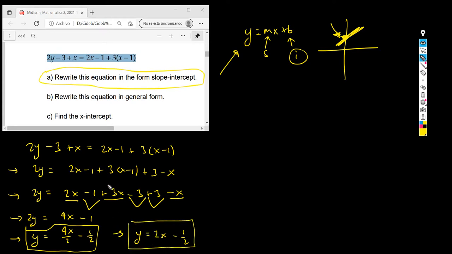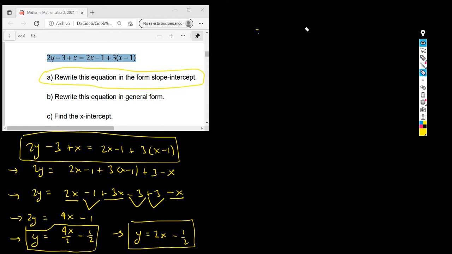So that would be the first question. Either of these is the equation, which is the same as this, but in slope intercept form. Then B, rewrite this equation in general form.